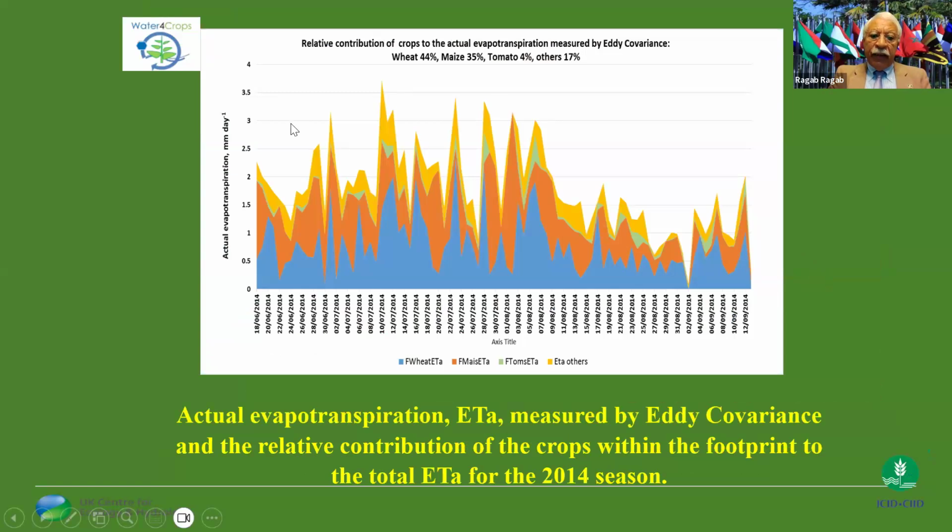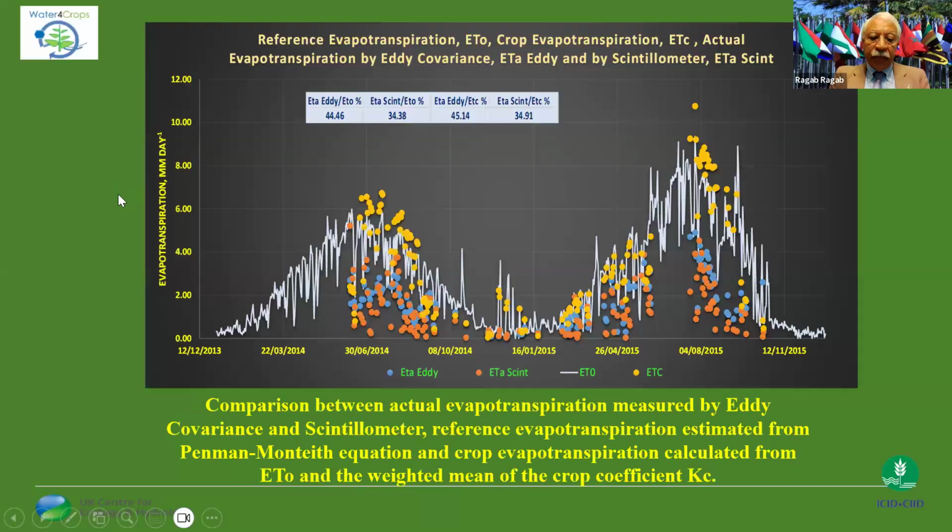For example, in this figure, we can see the wheat contributed 44% of the total evapotranspiration measured by scintillometer and Eddy Covariance, and the maize field contributed 35%, tomato contributed 4%, and the other crops contributed 17%. So we can break it down to which crop contributed how much.